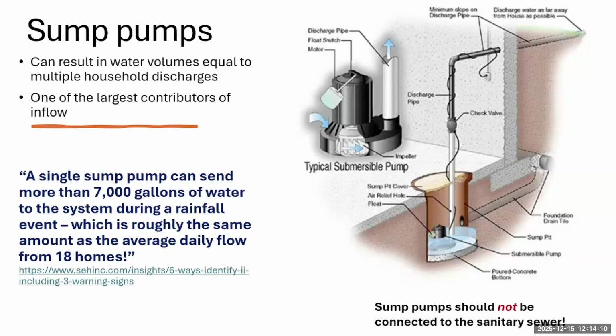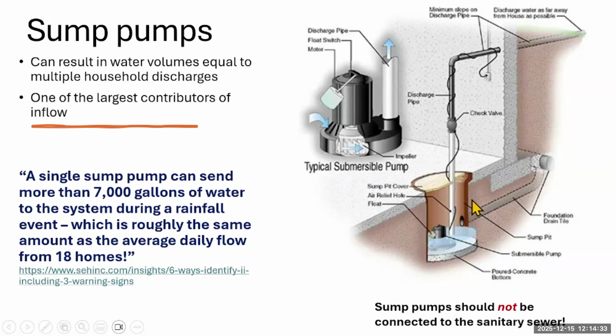But ideally, we're separating all of our sanitary and non-contaminated water before that happens. We just show some of the different components here of a sump system for those who may not be familiar. So we've got a foundation drain tile that's going to bring the water in.